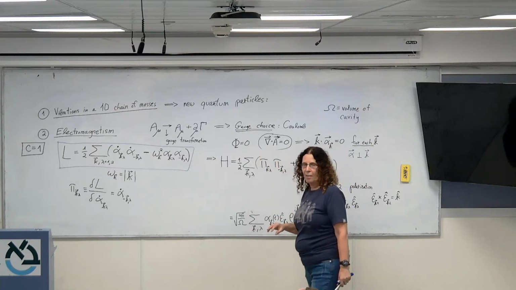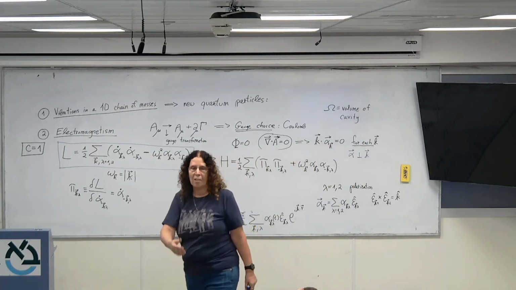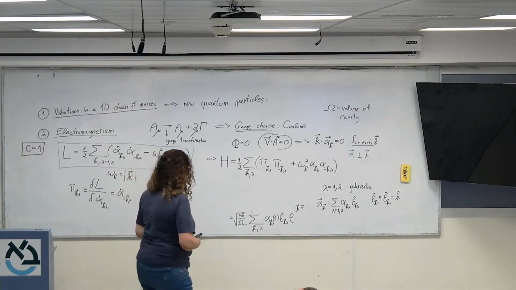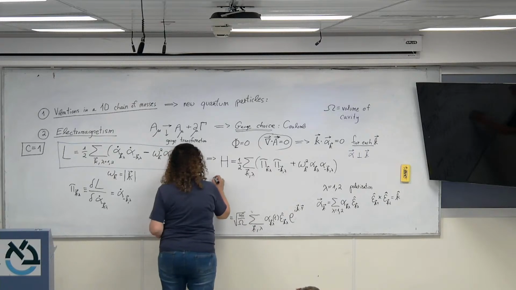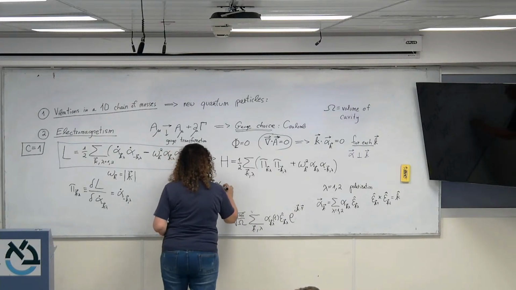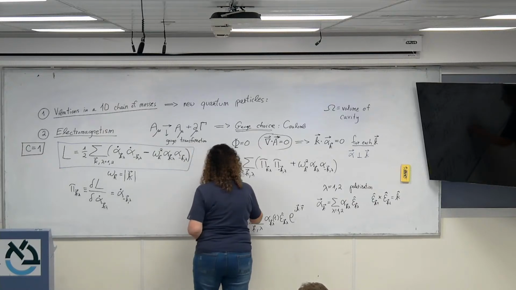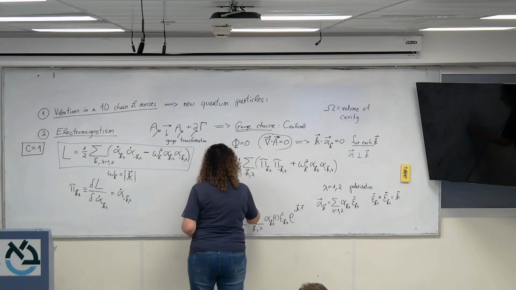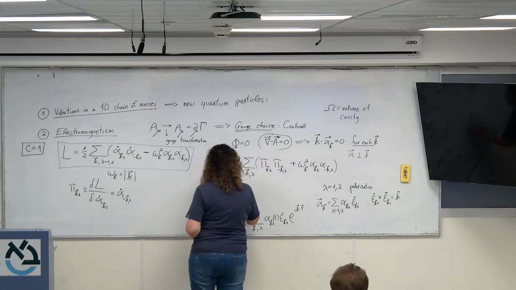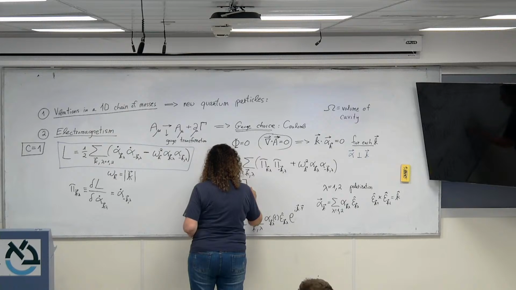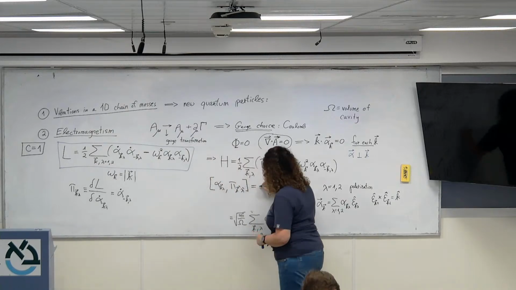So far it was classical, but now we can easily quantize because the quantum operators alpha and pi obey the usual quantization rule. Alpha of k and lambda, pi of k prime and lambda prime. Their commutator is, what is it going to be?